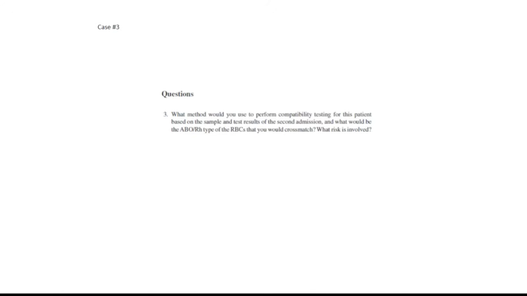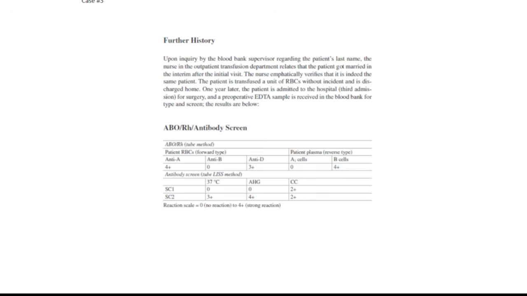If Williams Julie really turns out to be a different patient, and you do release A positive blood, that could lead to a hemolytic reaction. So confirming the patient's identity is very important. Potentially even getting another sample just to confirm that the patient really is an A positive could be another way to go about that.